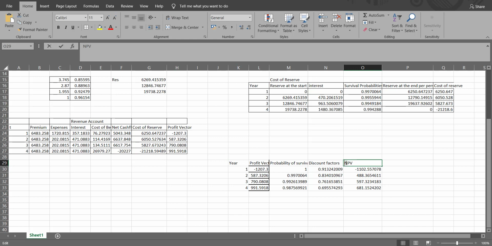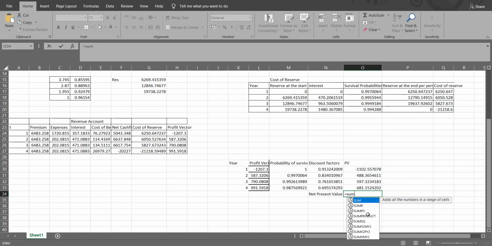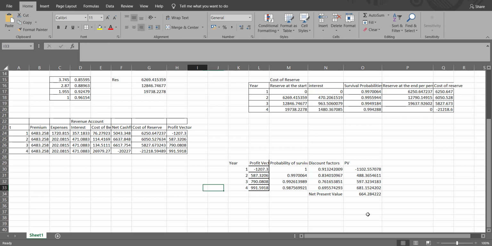And in fact, let me just write this as present value, and you get your net present value as equal to this plus, so just use the sum command. Okay, so this is your net present value of profit.